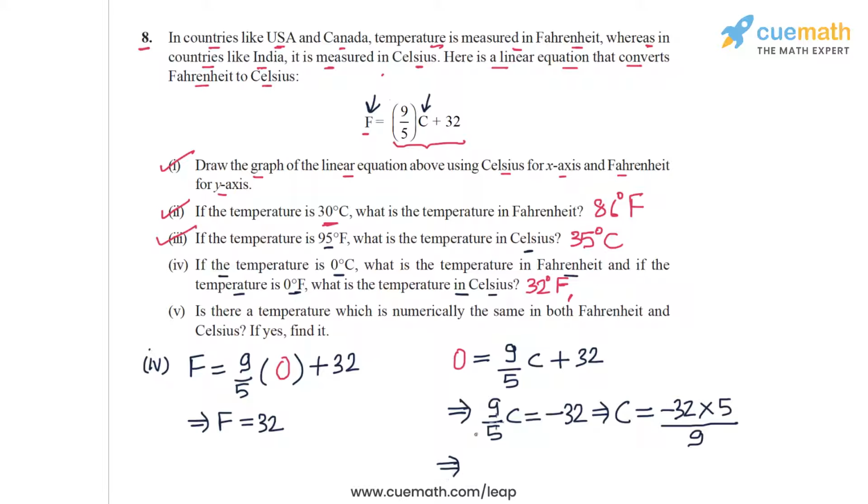So minus 32 into 5 is minus 160. So we will get C equal to minus 160 divided by 9. And if you carry out the division, this will come out to be roughly minus 17.8, rounded off to one decimal place. So this means that corresponding to 0 degree Fahrenheit, the temperature will be minus 17.8 degree Celsius.